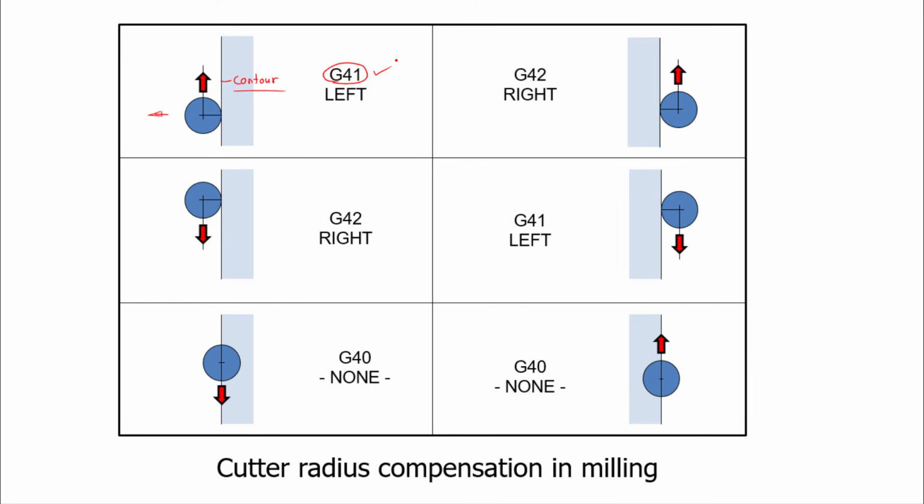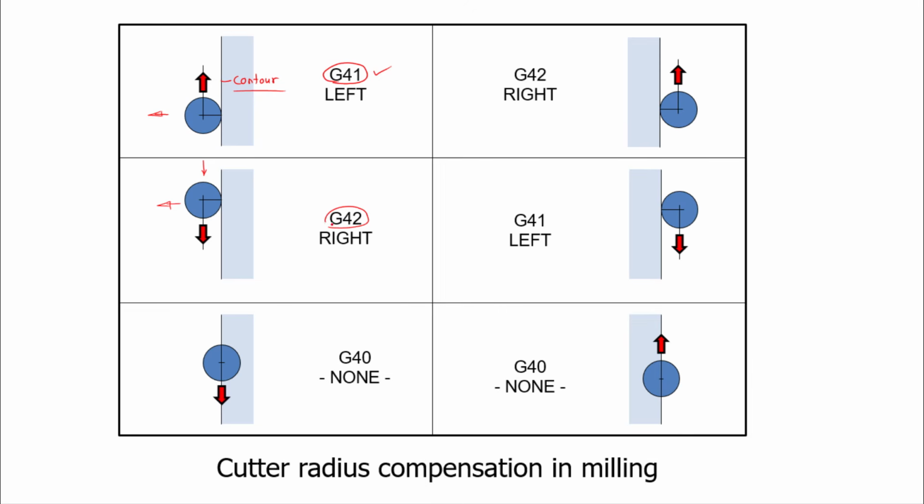So G41. If the case is the other way, that we are moving in a downward direction, when we move in a downward direction, the contour is on the left, so the compensation is towards the right of the travel direction.